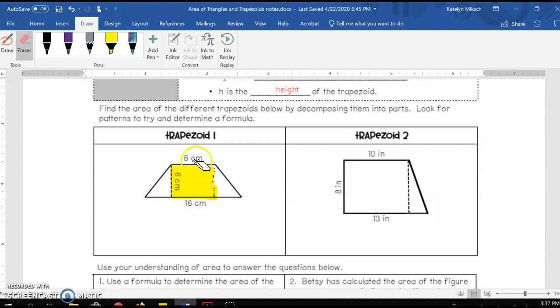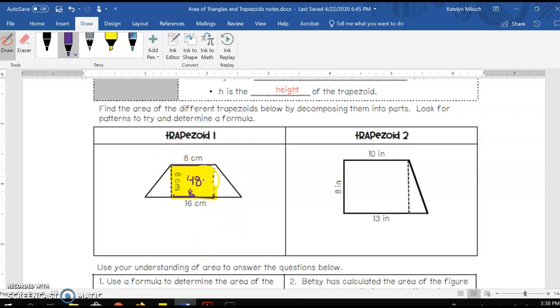So most of you are probably saying, well, it would be 8, and you are correct. This piece up here is 8 centimeters. That means just this section that we care about for the rectangle, that would be 8 as well. So if we're looking at area of the highlighted part, the rectangle, base times height would be 8 times 6. So this has an area of 48 square centimeters.